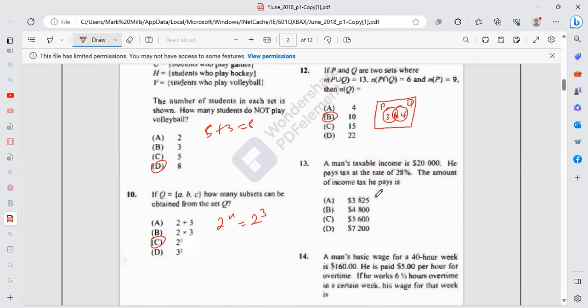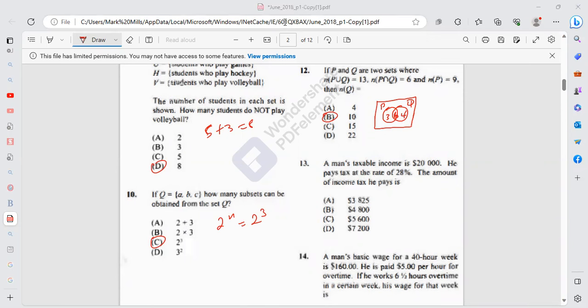How do I work out this quickly, guys? James, what will I do? KCN, what would we do here? How do I work number 13?